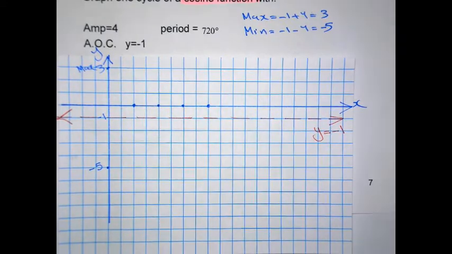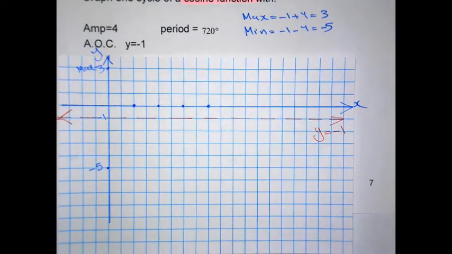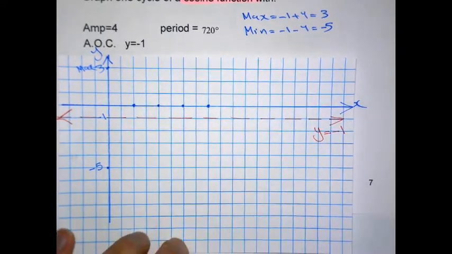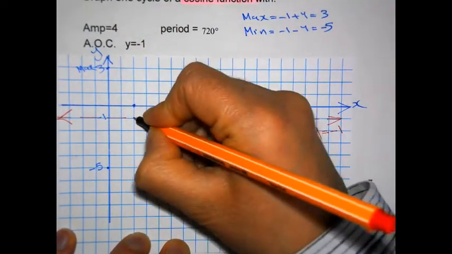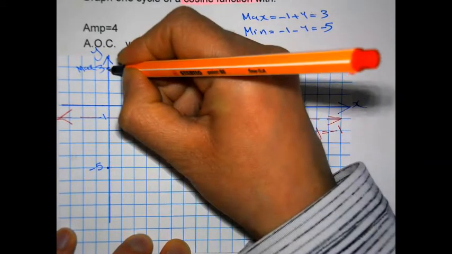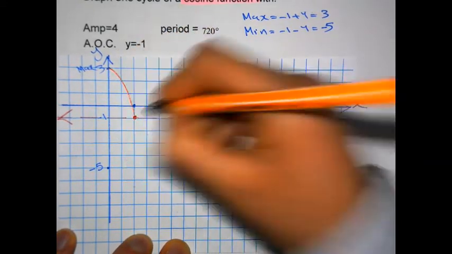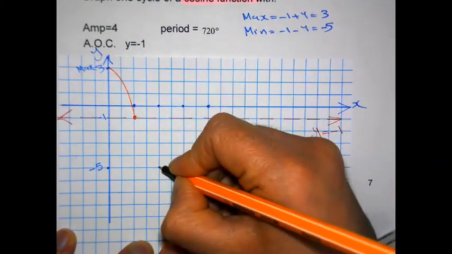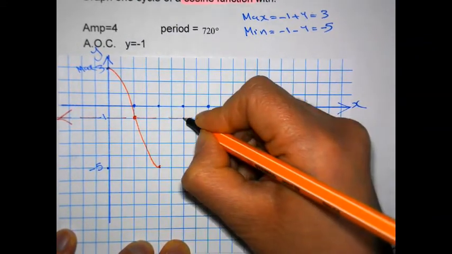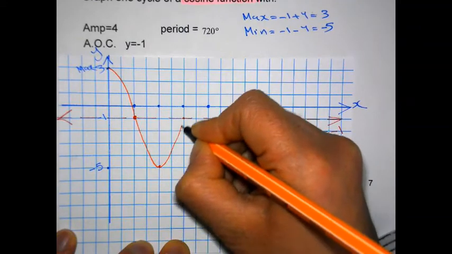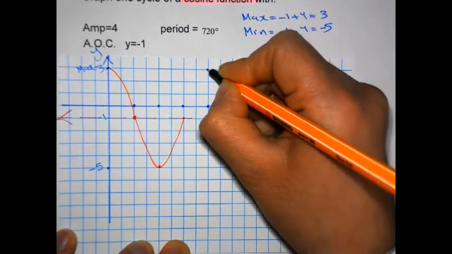If you remember, the pattern for a cosine started from the maximum, going all the way to axis of curve, then goes to minimum, comes back to axis of curve, and then goes back to our maximum.